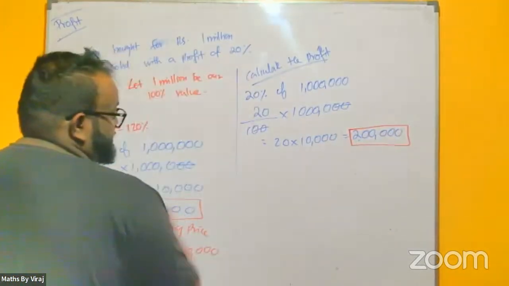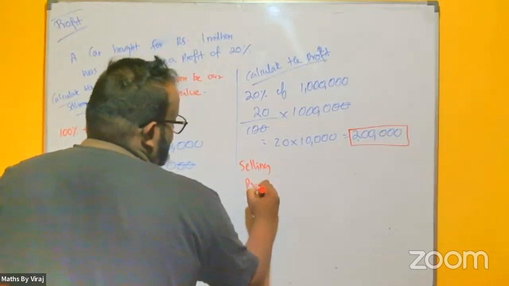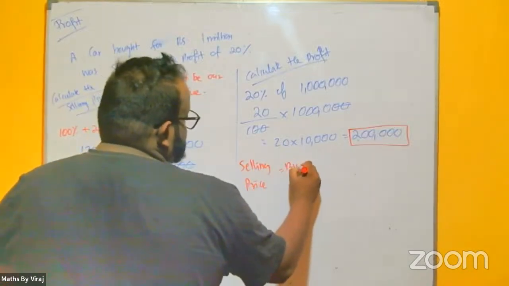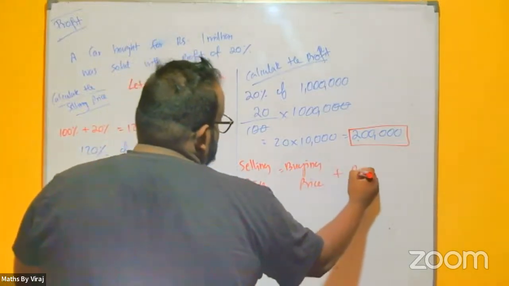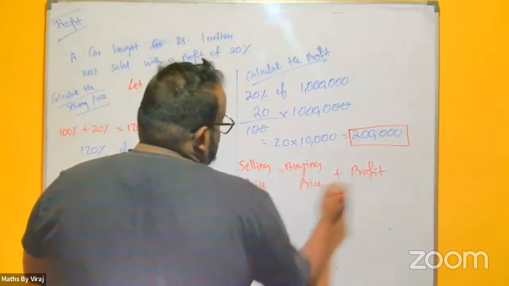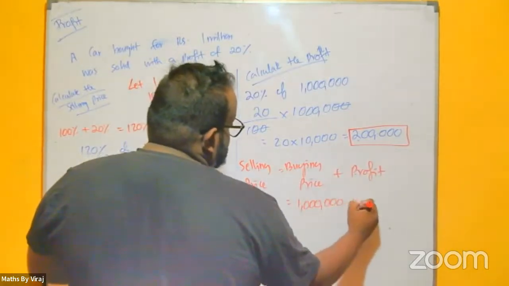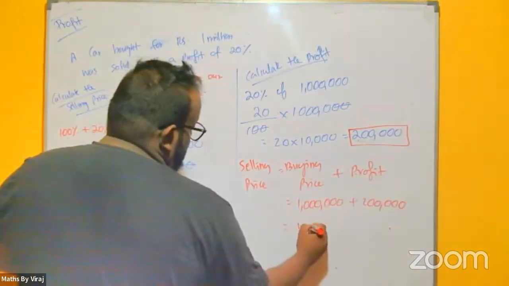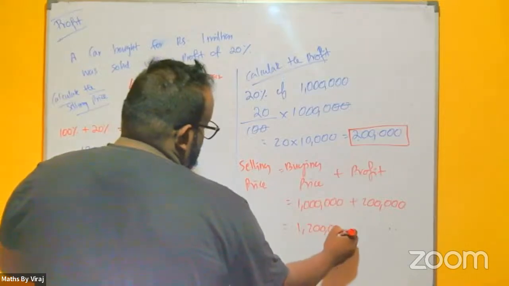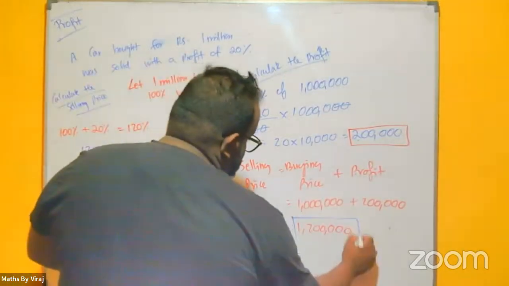If you go one extra step ahead, what is the selling price then, children? Selling price is buying price plus profit. 1 million plus 200,000, that is 1,200,000, and this is our selling price.